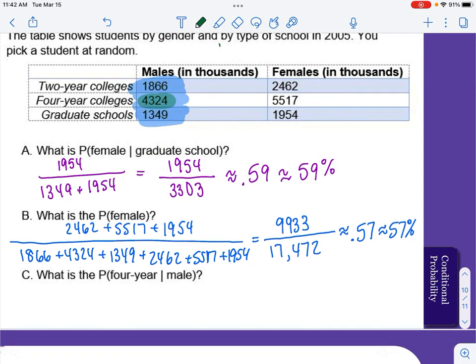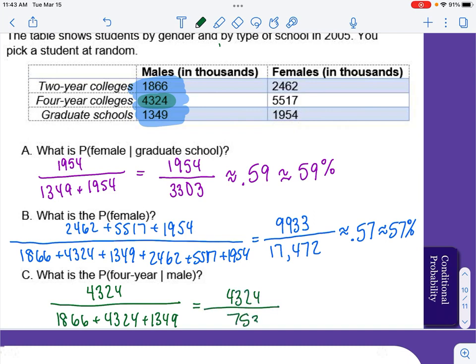So you'll have for your 4-year students, 4,324, over your total amount of males. I've already done my addition. If you divide this, you get your decimal, which is about 0.57. And then you can also find the percent, which is 57%.